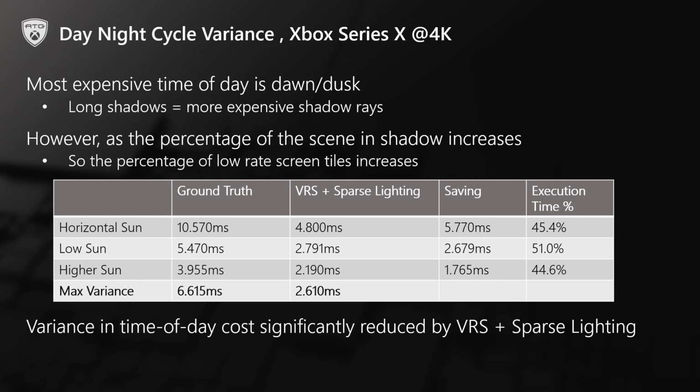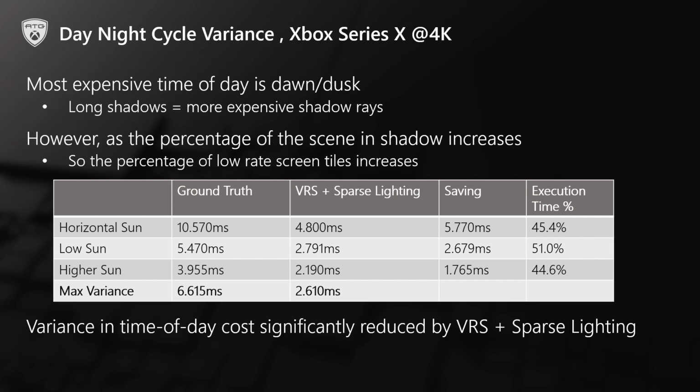So with a horizontal sun, again, Xbox Series X at 4K, horizontal sun, 10.5 milliseconds, down to a low sun angle, a bit higher you might say, 5.4 milliseconds, and sun raised again, 3.9. So the variance here between horizontal and a high sun angle is a huge 6.6 milliseconds. You know, it really gets expensive when the sun gets down horizontal.